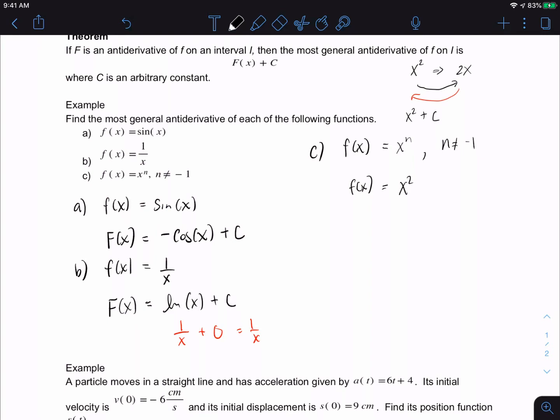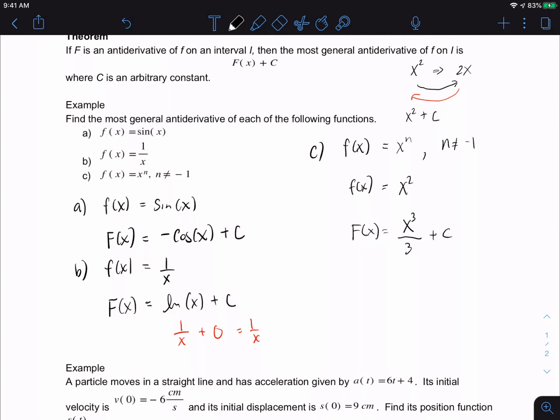What do you guys think? From the derivative rules that we know, if we're going to end up with x squared, shouldn't it be x to the third? Because the derivative of that is going to give me the x squared, correct? But something important is I have to divide by 3. So this ends up being the antiderivative.